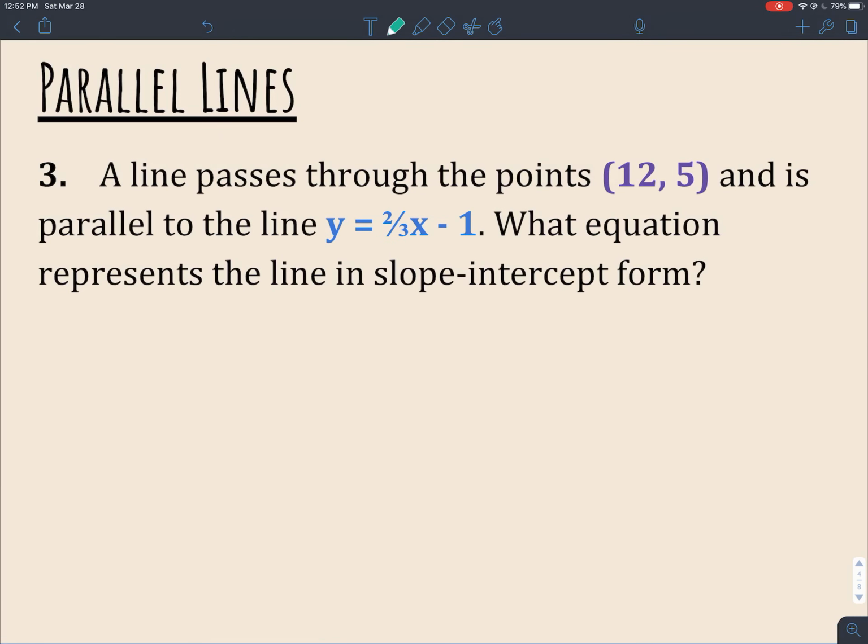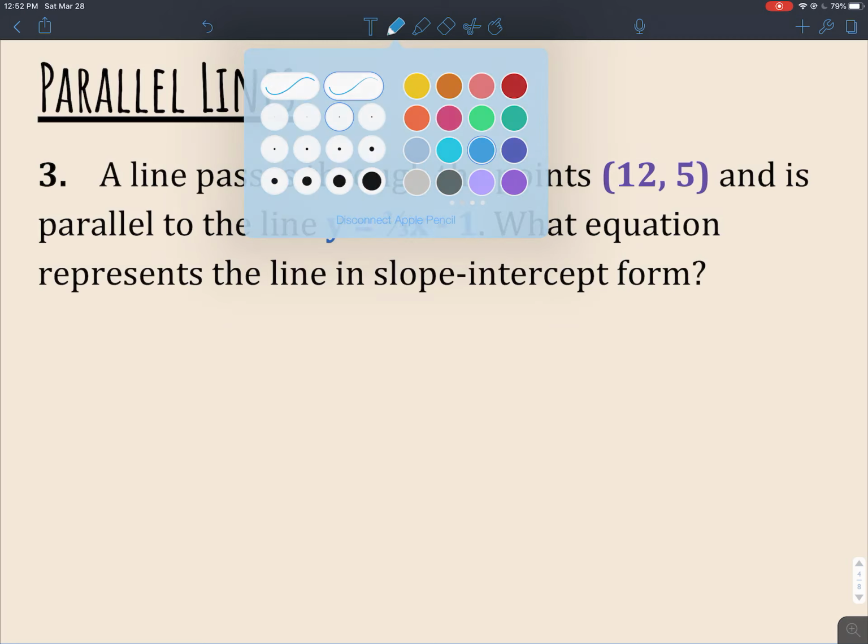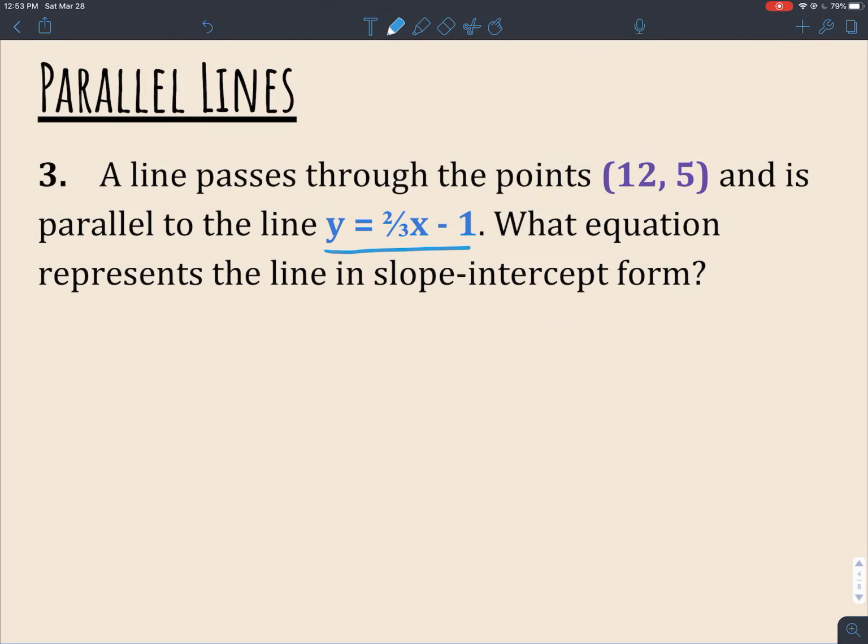Another type of question that you are definitely going to be asked is finding a line that is parallel to another line. In this question, we have our starting line, which is the equation in blue right here, and we want to find a line that is parallel to it going through the point in purple.